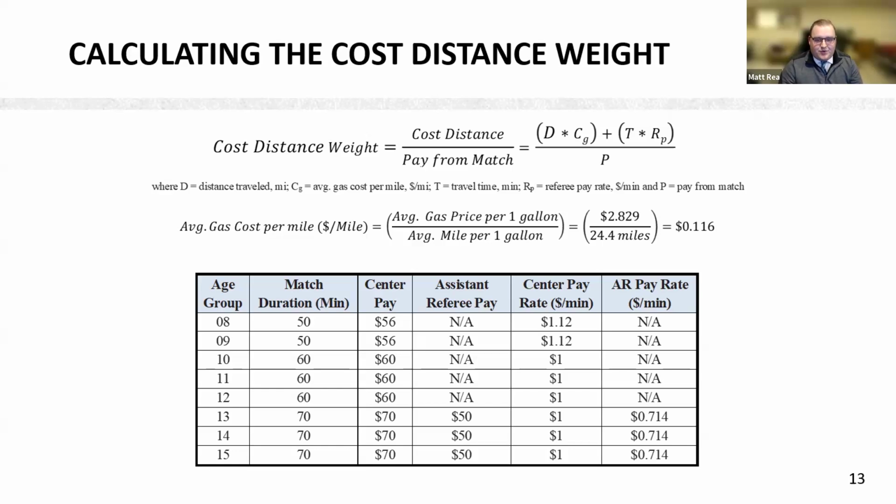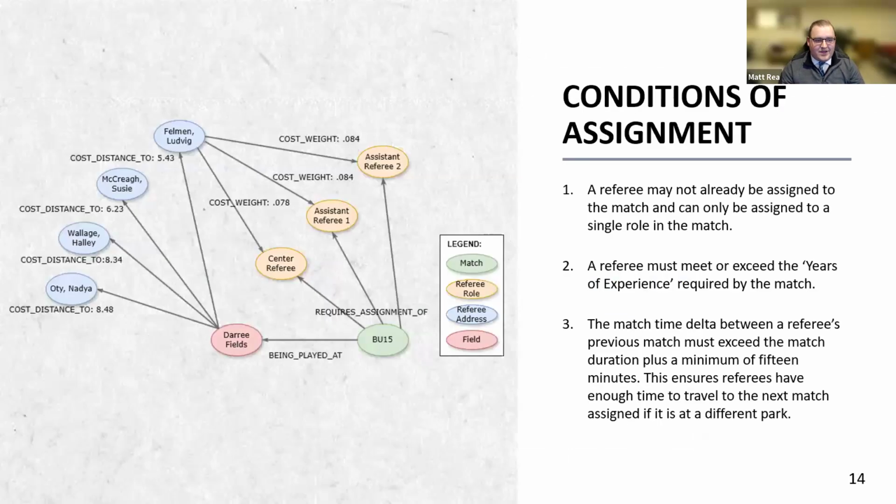So as I make my way through my list of matches and go to finalize my assignment process, I'm left with a decision between a series of referees that each have a cost distance to a match, and I am able to calculate the cost weight for each referee in comparison to a role. Now, this is really important because, say, for example, in this scenario, Ludwig also has the opportunity to receive an assignment at another field.